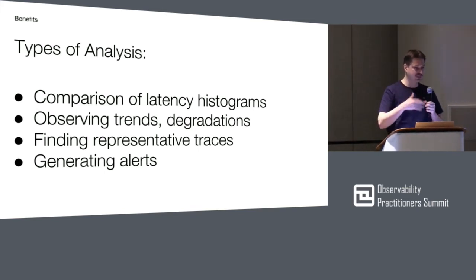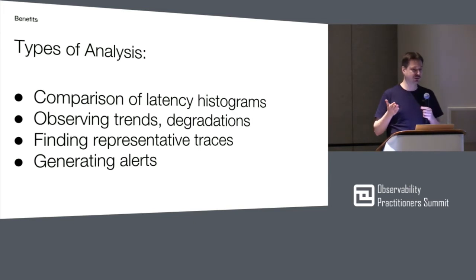You can overlay them and see whether your latency histogram is actually different. Maybe you got a separate mode of the latency distribution somewhere, right? You can observe trends. If you are observing, let's say, how much my service is on a critical path, last month versus this month, or previous release versus this release, you can potentially see degradation in that, and so take actions as well.